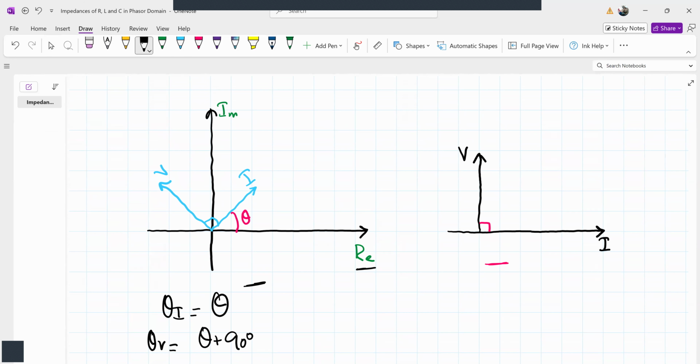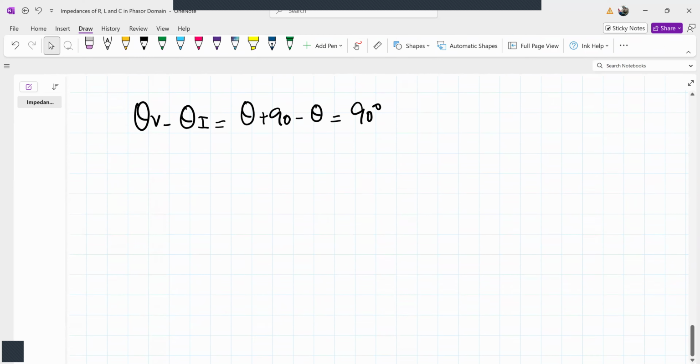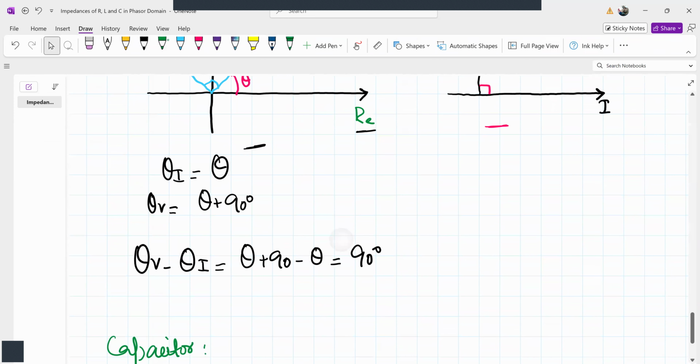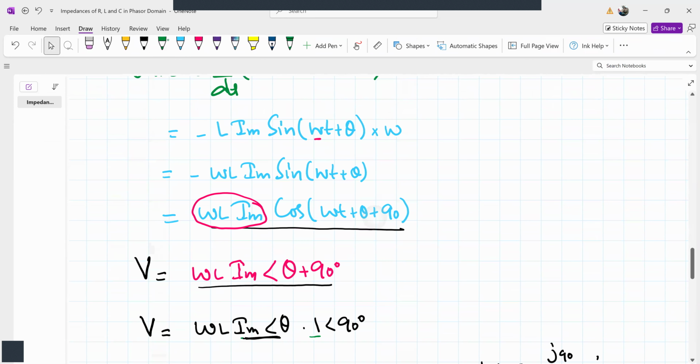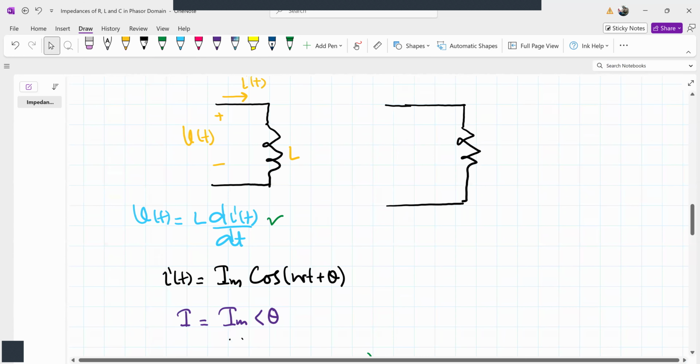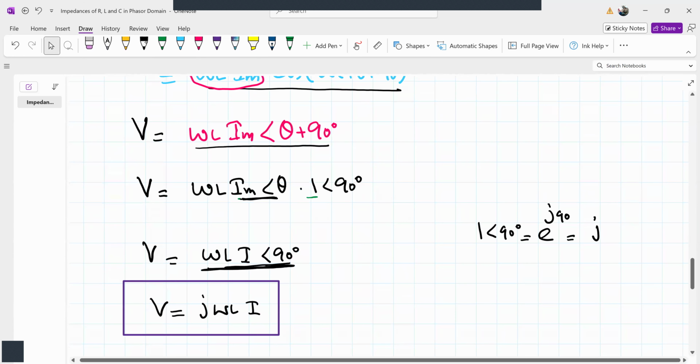All right. Now next we'll talk about the capacitor. How is the V phasor related to the I phasor in a capacitor? Now let me first draw the phasor circuit of this inductor. If I have to draw the phasor equivalent of this, how is the V phasor related to the I phasor? We derived that the V phasor is related to the I phasor by this expression.